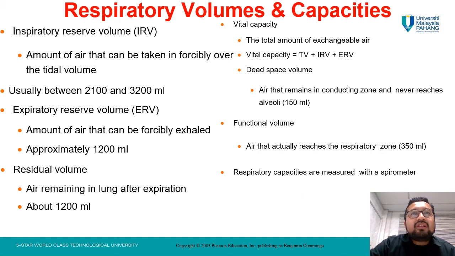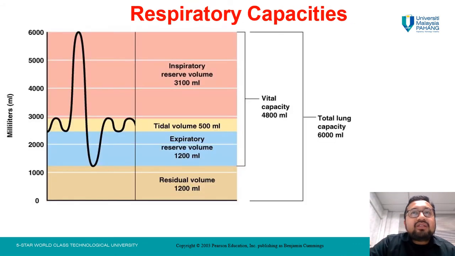For this, just know the definitions. I have explained this in the previous slide. This is the residual volume: after exhalation, the residual air that is still present inside our lungs is called the residual volume. Then the expiratory reserve volume. This is the tidal volume, the normal breathing.